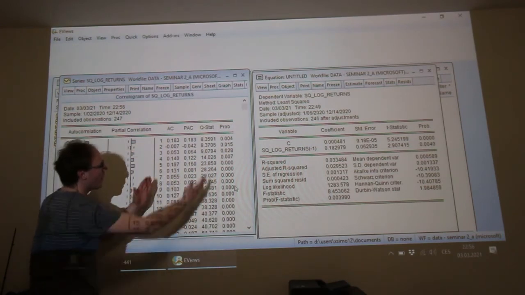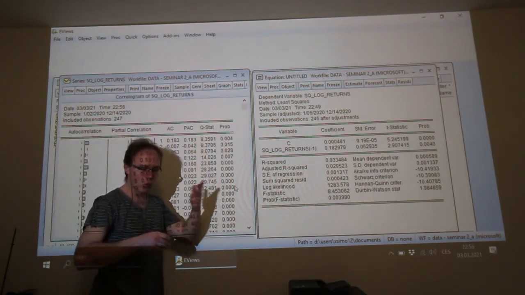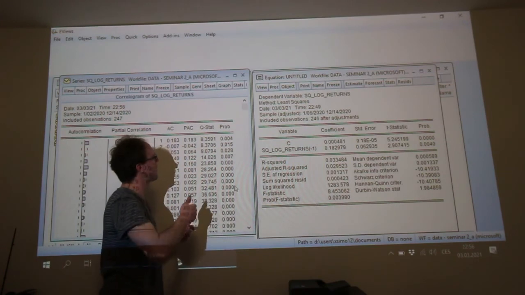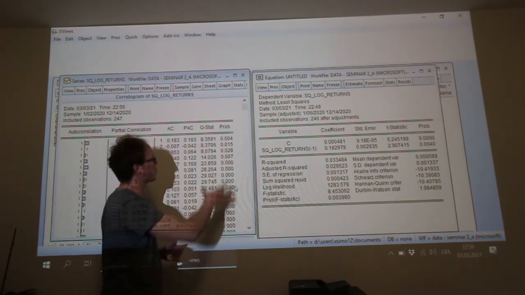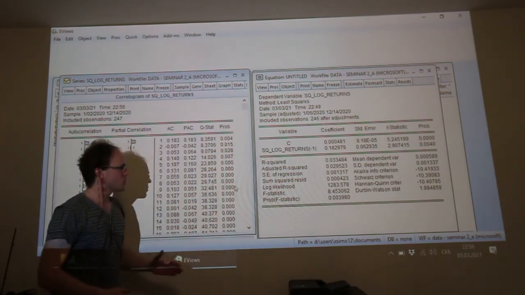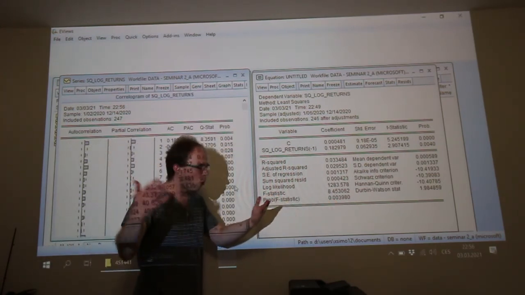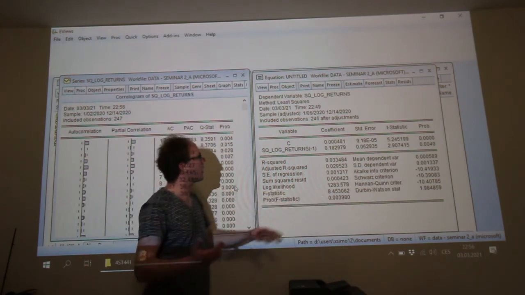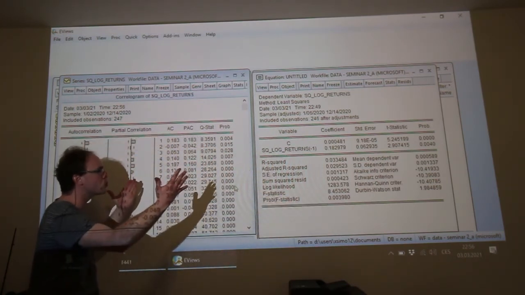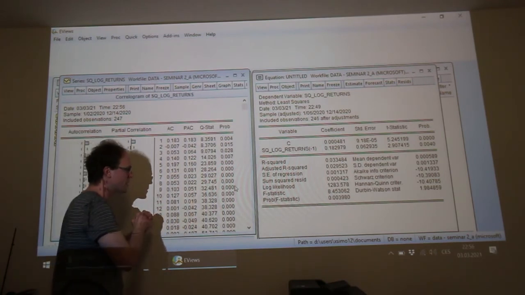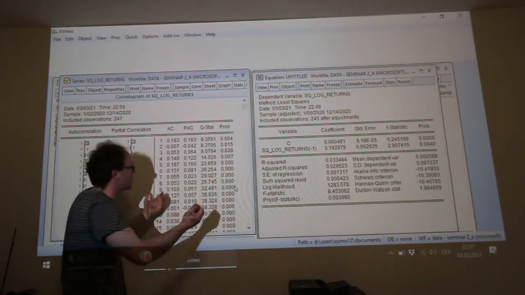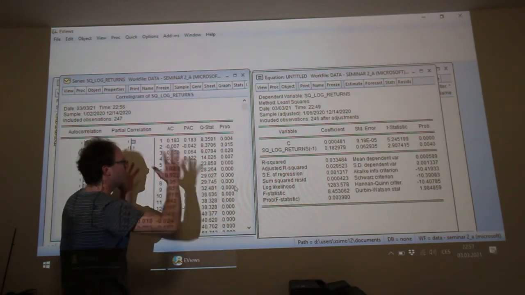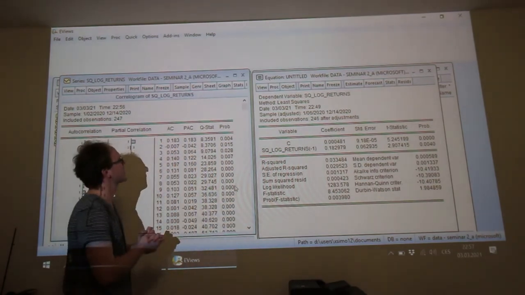Again, zero hypothesis according to Ljung-Box: there is no correlation, there is no dependence. It's rejected in all cases. So again, no dependence, no correlation, is rejected. These two pieces of information are connected, so everything is alright, there is a dependence.